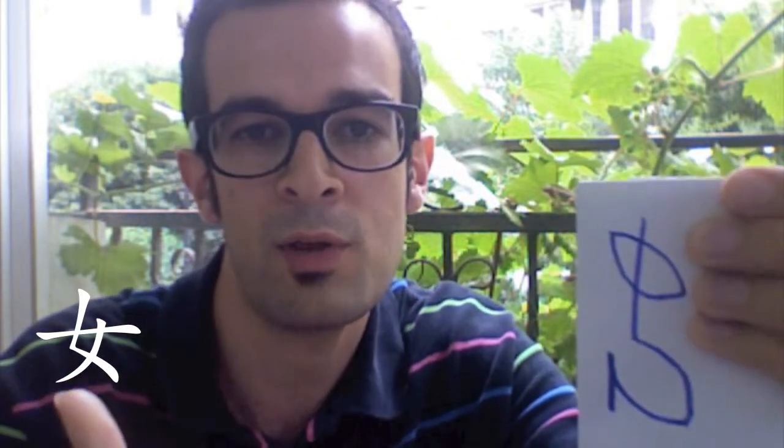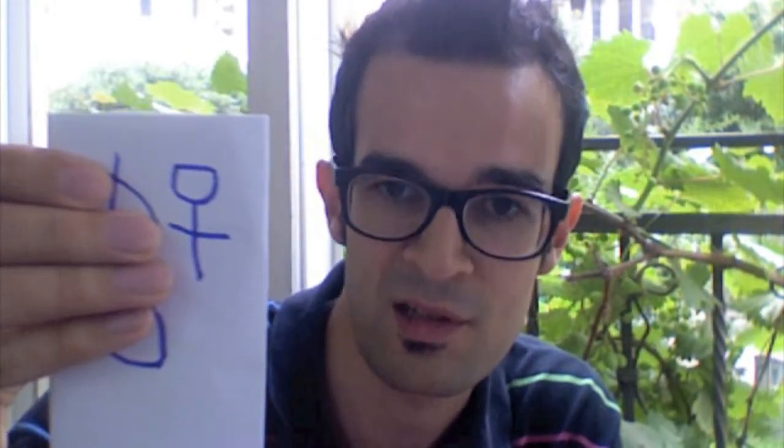So these are two key elements that the ancients saw to be different from a man, that showed a woman. So anyone would have seen this and known that this was a woman. It's not the way we think now, but it's the way they thought. Nü, a woman.